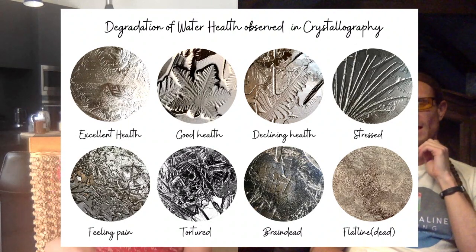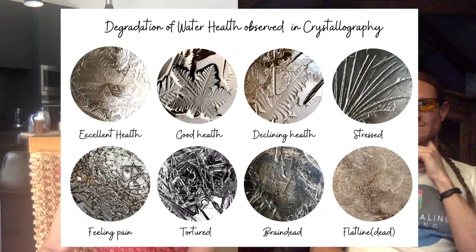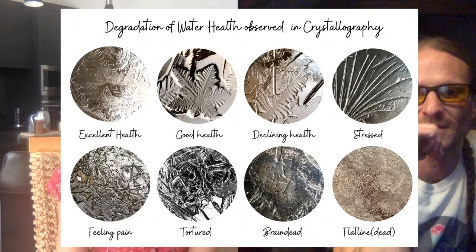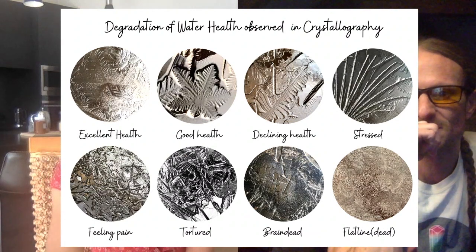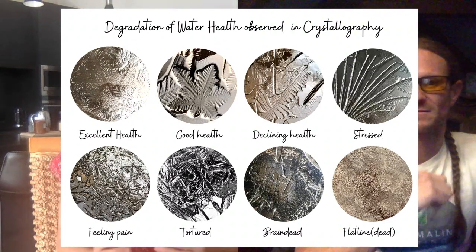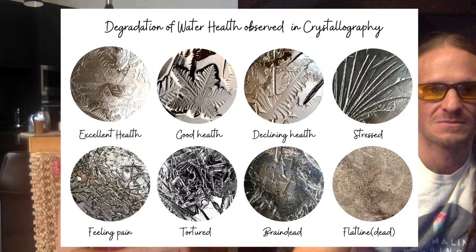Mm-hmm. And then as it goes through more piping, around 6 or 7 pipes, we're looking at what looks like a leaf. And then at 8 to 10 pipes, it's looking like grass, which is where it's really starting to look stressed. Wow. Where it says feeling pain, that is the first one below excellent health.